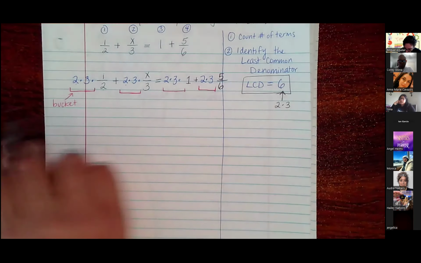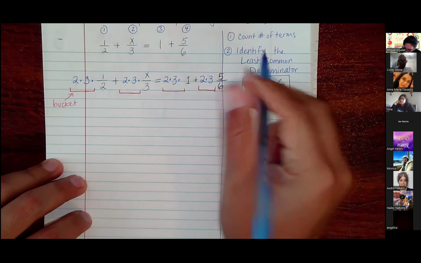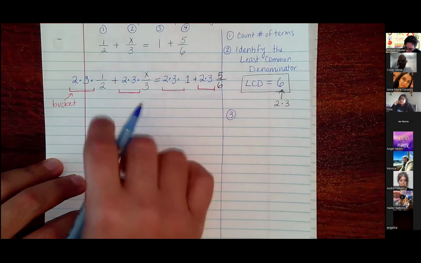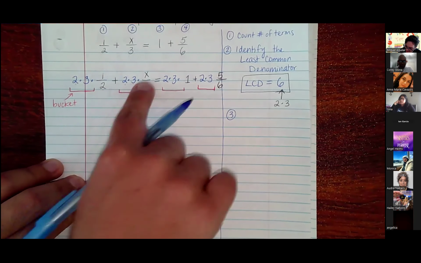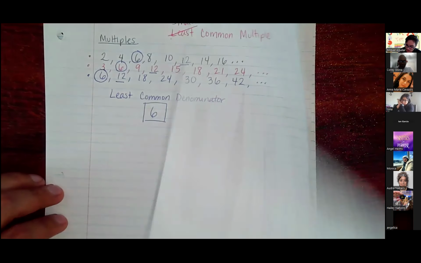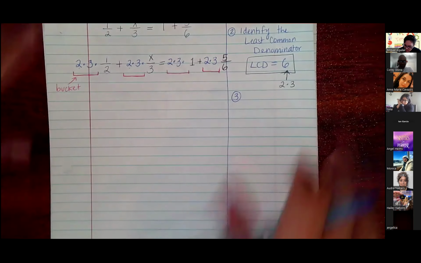The next step, once we identify the least common denominator, and there's 2 ways we could do it, right? We could do it by thinking about how do we cancel out the denominator, or we could have just done what we did over here where we made a list of the common multiples, okay?